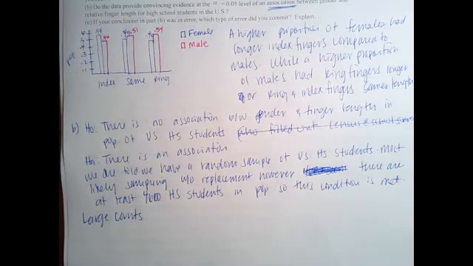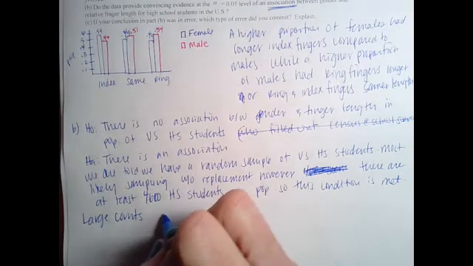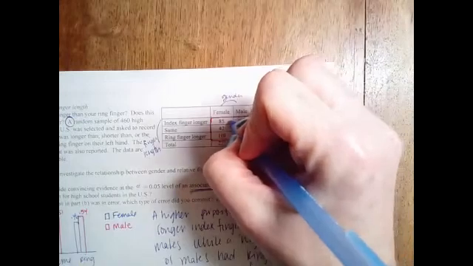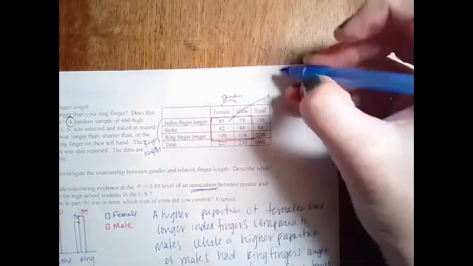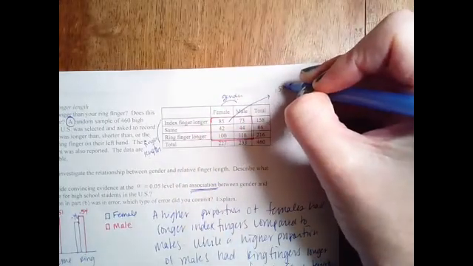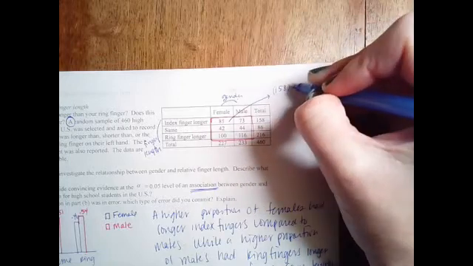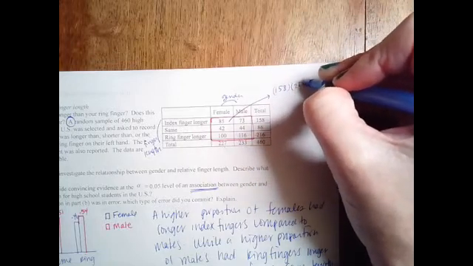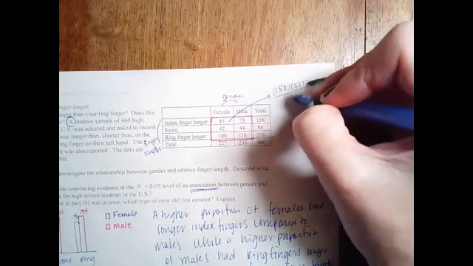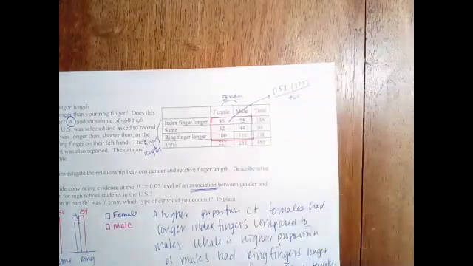So for the first cell, we have 85. But remember the expected counts, we'll come over here for a minute. If I want the expected count for this cell, I'm going to take the row total, which is 158, times the column total, which is 227, and then divide by the table total at 460.